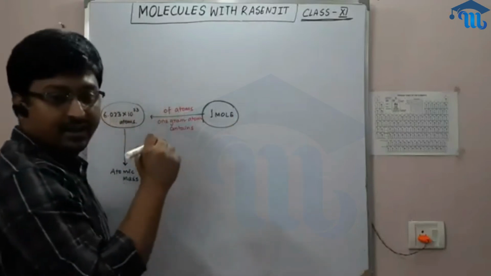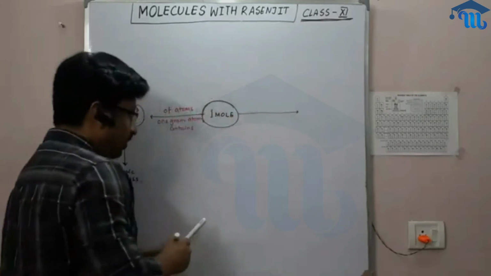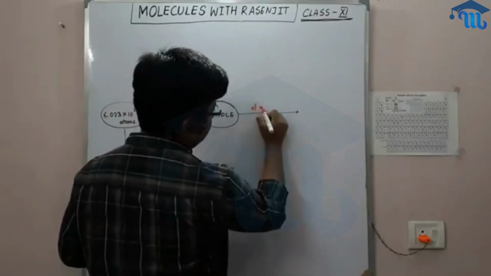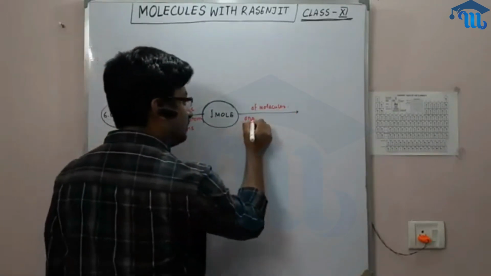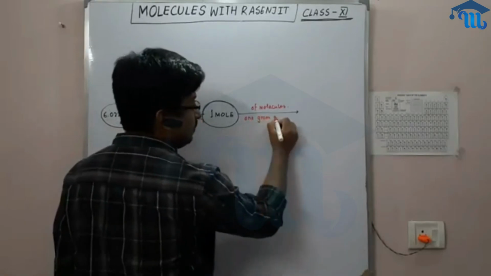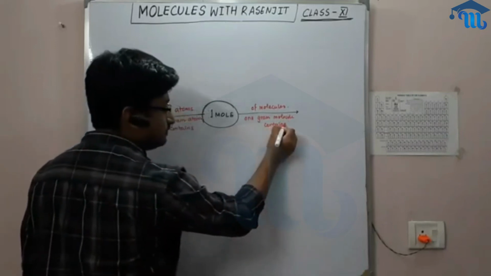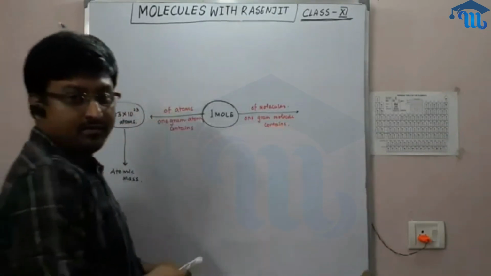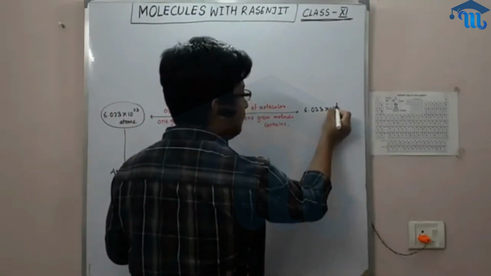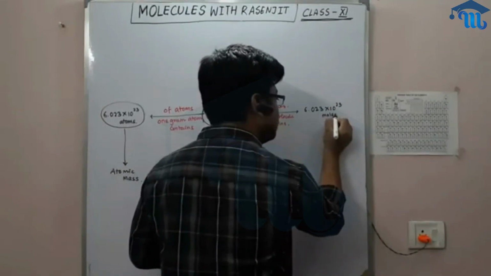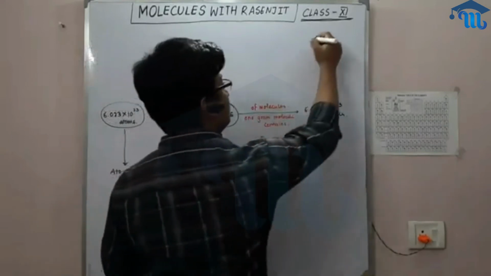If we talk about molecules, 1 gram molecule contains 6.023 × 10^23 molecules, and that leads to the molecular mass.